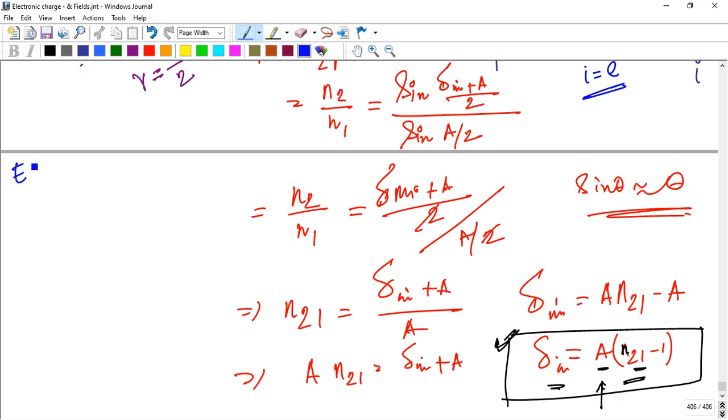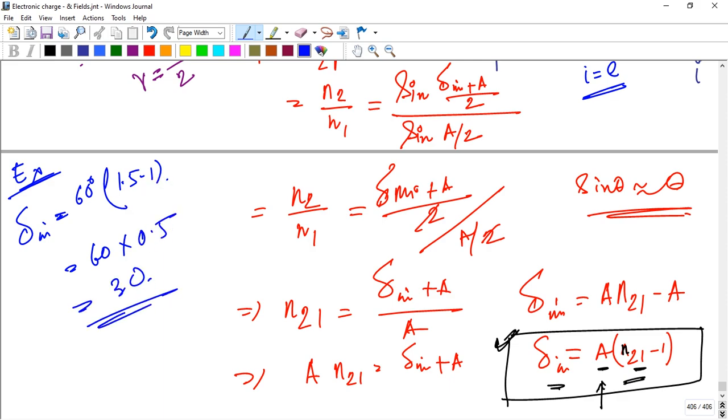Take an example. Suppose the angle of the prism is 60 degrees and the refractive index is 1.5, minus 1. So 60 times 0.5, so delta minimum is 30 degrees. That's a very easy calculation.